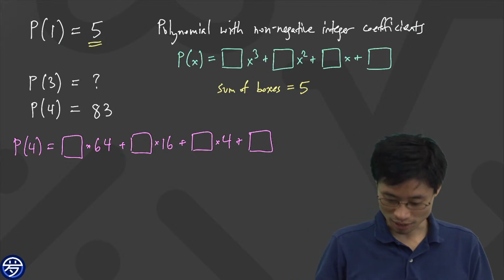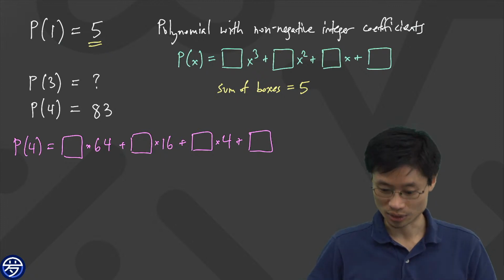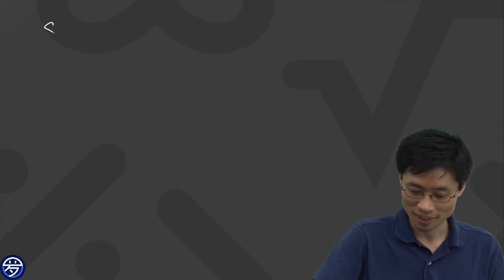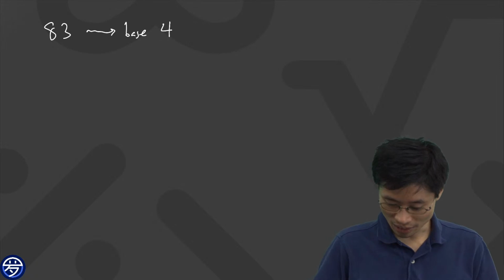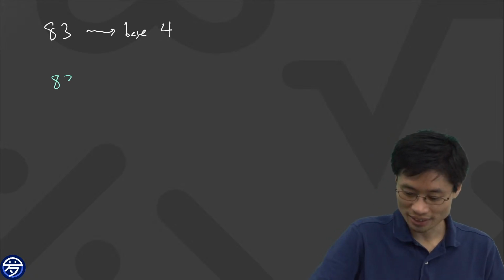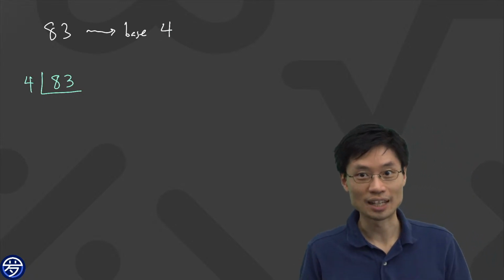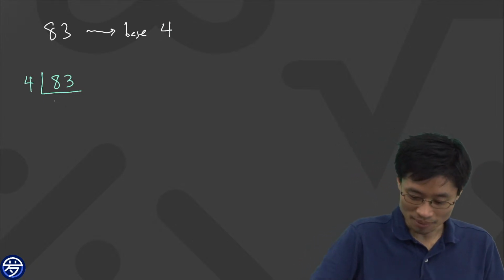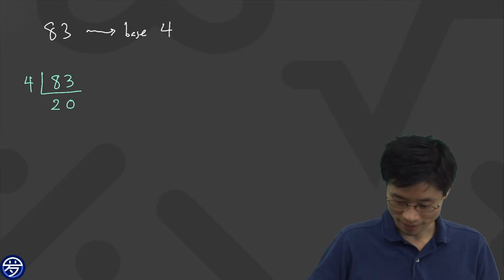So if I want to convert 83 into base 4, what's the best way to do this? Let's get a new screen. I did show you this on another live stream. 83 to base 4. All you have to do is take 83 and divide it by 4. When you divide 83 by 4, that's 20 with a remainder of 3.